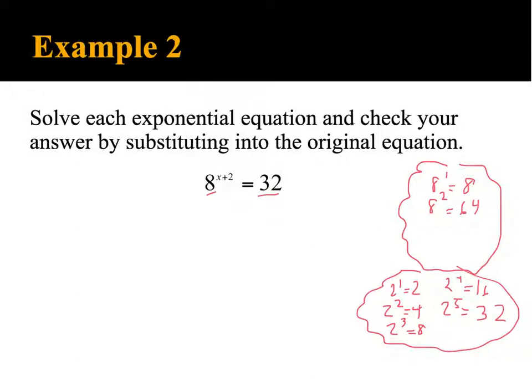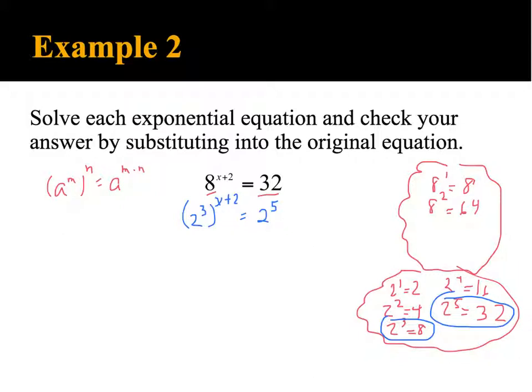And so notice that here we have two very nice candidates. I can relate 32 and 8 by a power of 2. So the way I would rewrite this, I would say, oh, well, 8 is really 2 cubed, but it's being raised to the x plus 2. And 32 is really 2 to the 5th. But now I can use that rule I told you about earlier: if I have a to the m raised to another power n, I just multiply m times n.